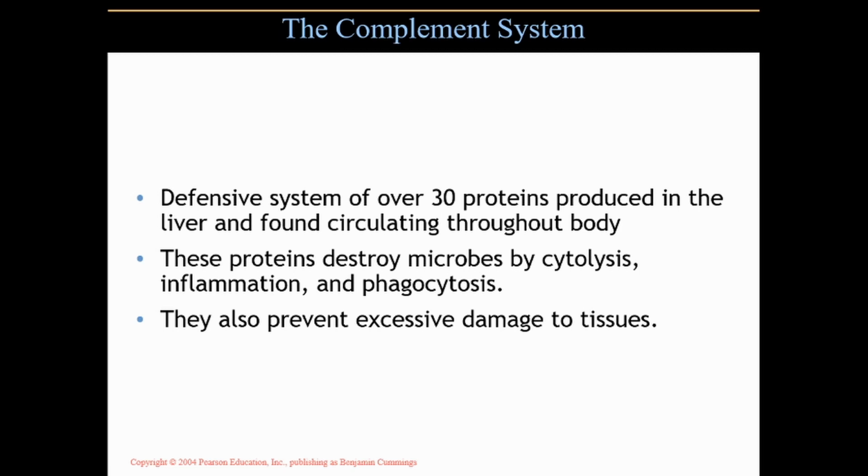And so again, as I mentioned, many of these proteins and the mechanisms of the immune system are all based on previous signals. It's a cascading effect. If one thing happens, that leads to the next thing happening, which leads to the next thing. It's just like the clotting mechanism.